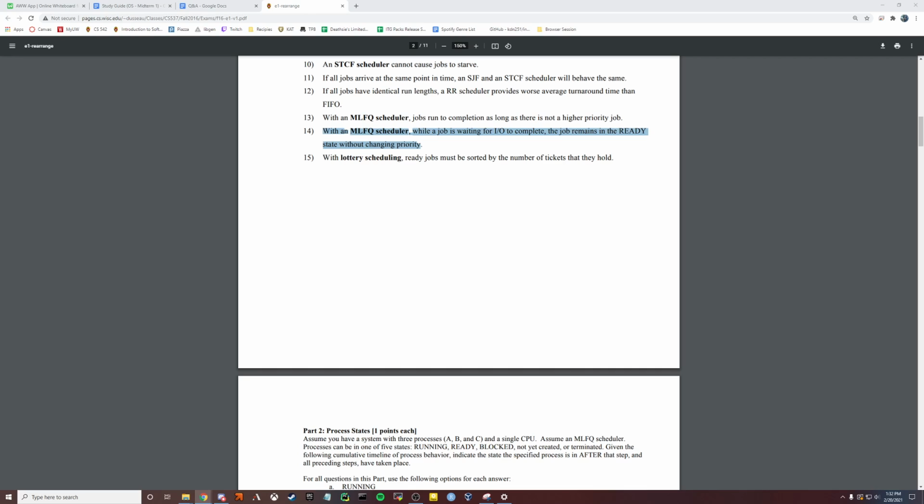Go ahead, Map. It's waiting for IO, so I think it goes into blocked. If you go to the abstraction process section of the textbook on page 7, there is IO that's initiated, and it shows the process going into blocked. Okay, so 14 is false, and it actually goes into a blocked state.